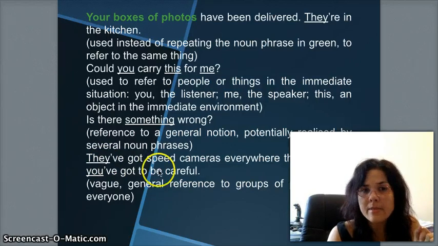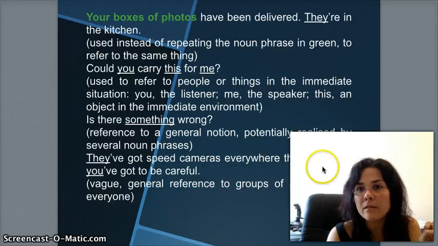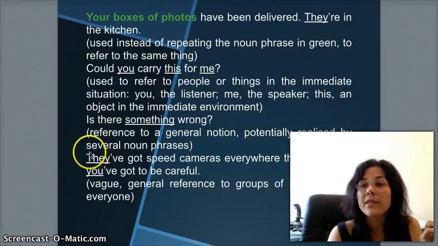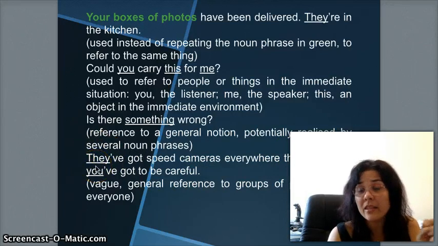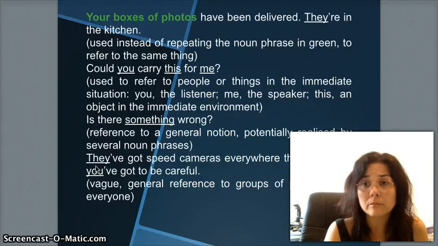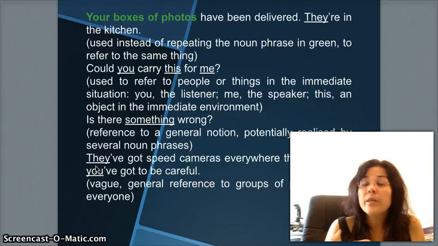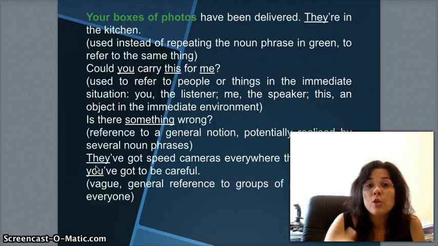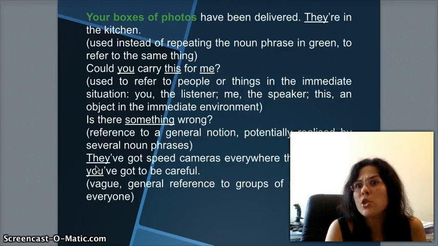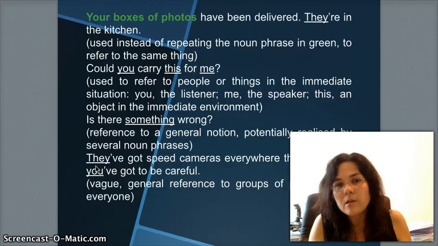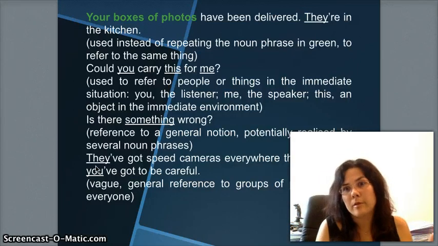If I say they've got speed cameras everywhere these days, so you've got to be careful, this they, again, is not referring back to something previously mentioned. Here we are making a reference to groups in general. So who might be these they who got speed cameras?